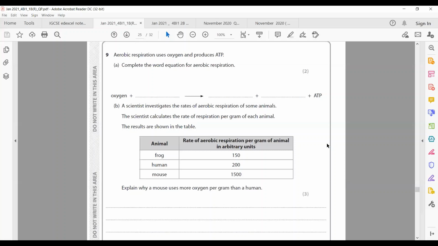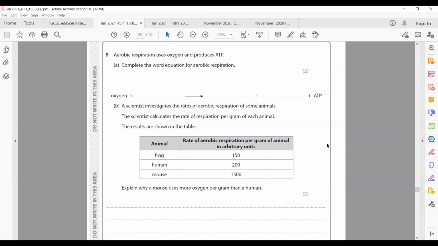Not only respiration, it has a very high metabolism. So the higher metabolic rate of the mouse, good, means it needs more oxygen to deliver to the tissues in the body.